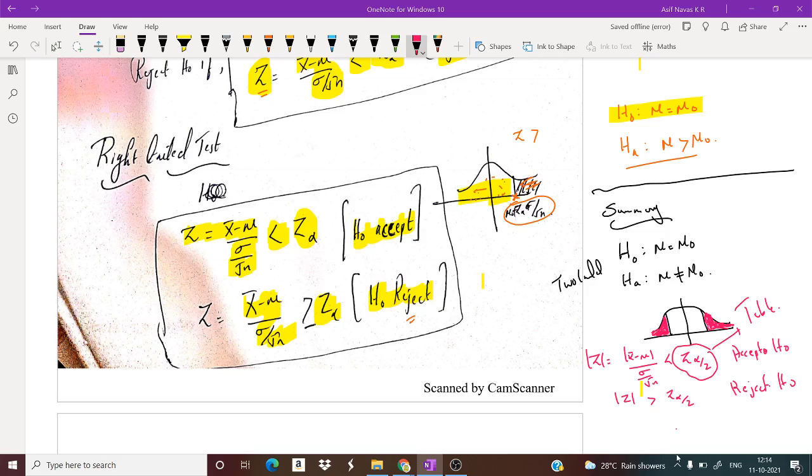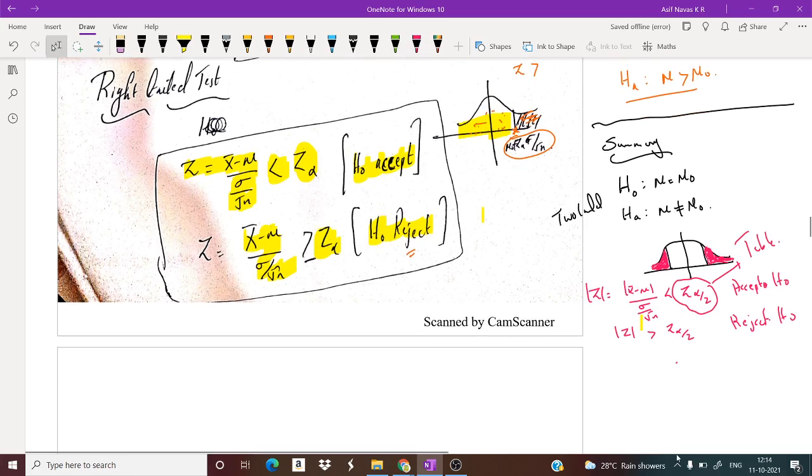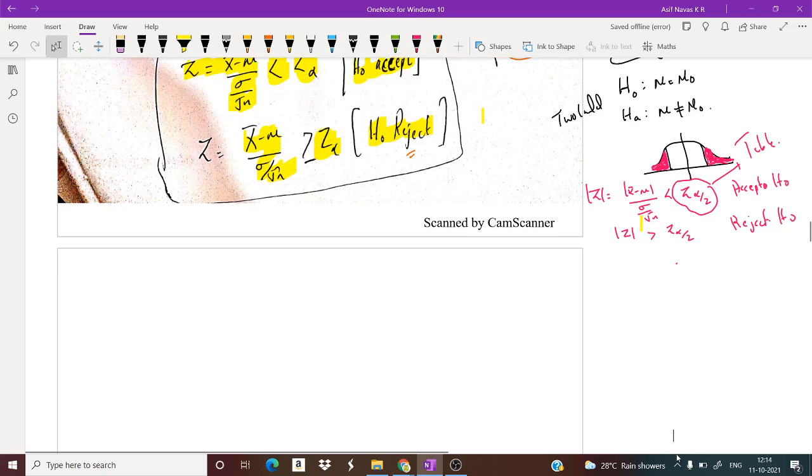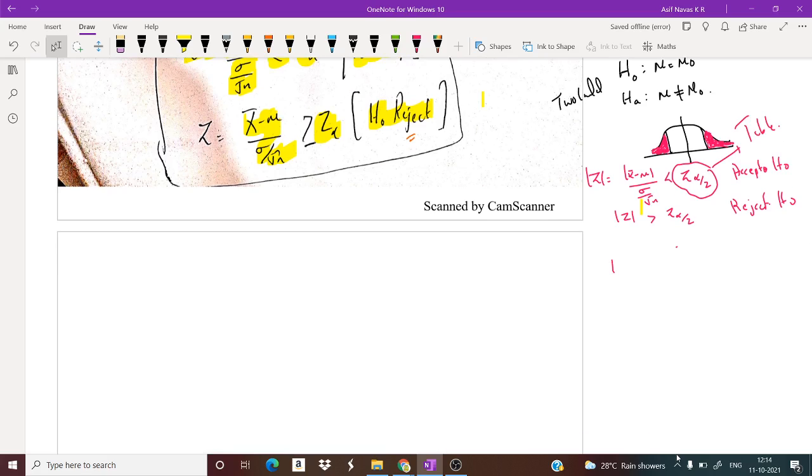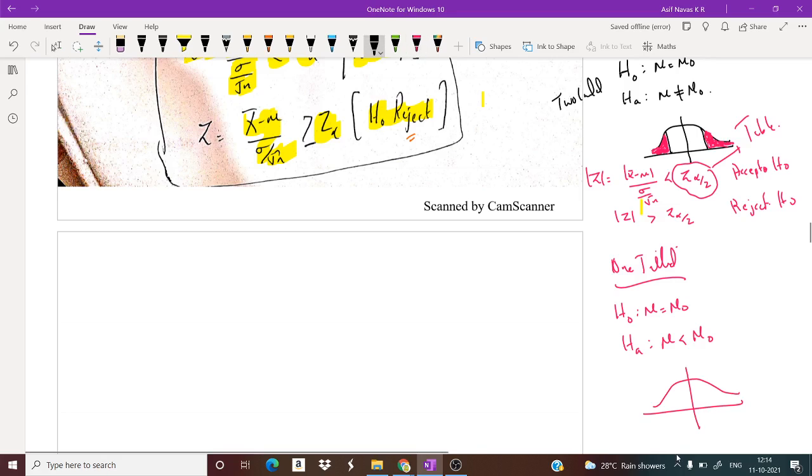Okay. So similarly, in one-tailed test, left-tailed test, h naught is the same, mu equal to mu naught, and h a is mu less than mu naught. So in order to show that mu is less than mu naught, we will use this value.